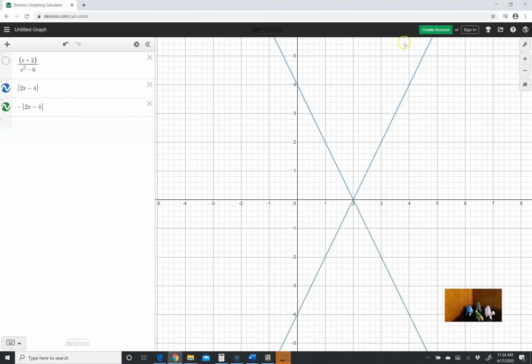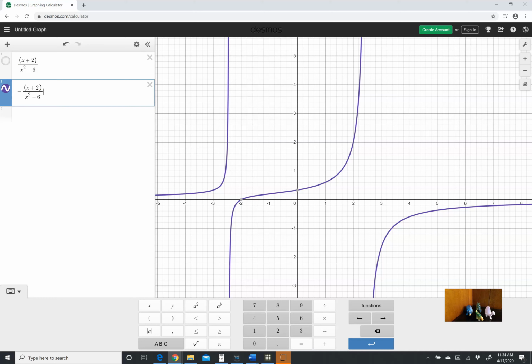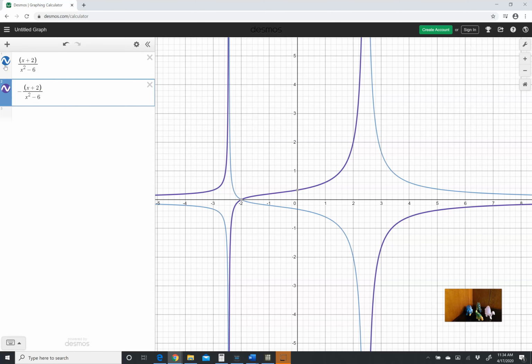And you can see these are reflections of each other. We can also do this one. And if we put this one in, you can see it is a reflection in the x-axis.